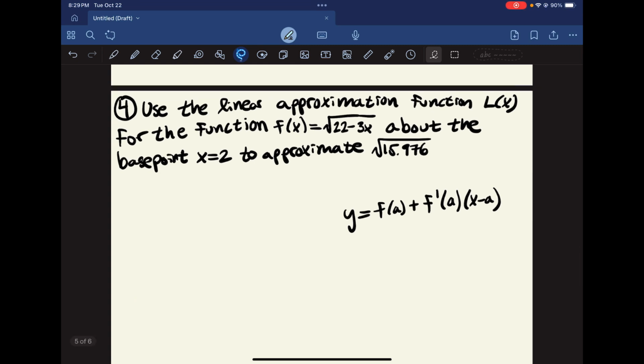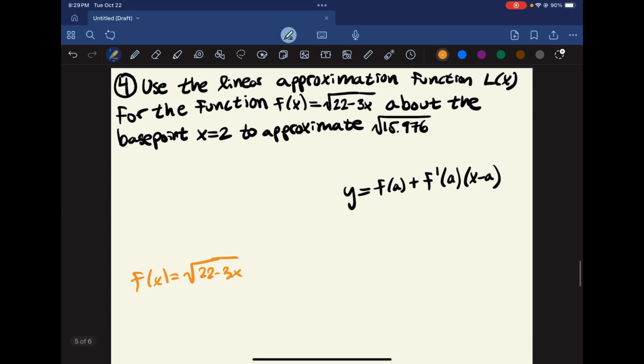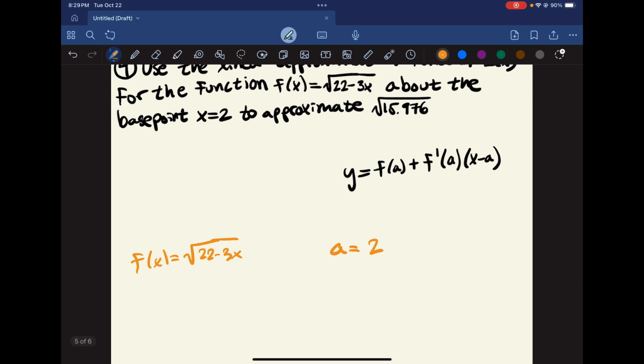Our f of x is square root of 22 minus 3x. And it's telling us to use the base point x equals 2, so that is telling us our a equals 2. And we're going to use it to approximate this.